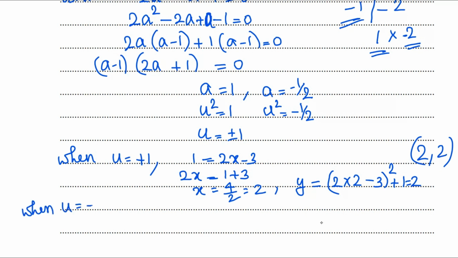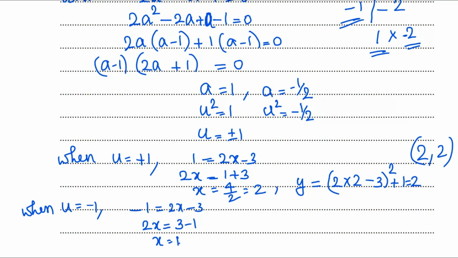When u is equal to negative 1, negative 1 equals 2x minus 3. So what is 2x? 2x equals 3 minus 1, which is 2. So x equals 2 divided by 2, which is 1.